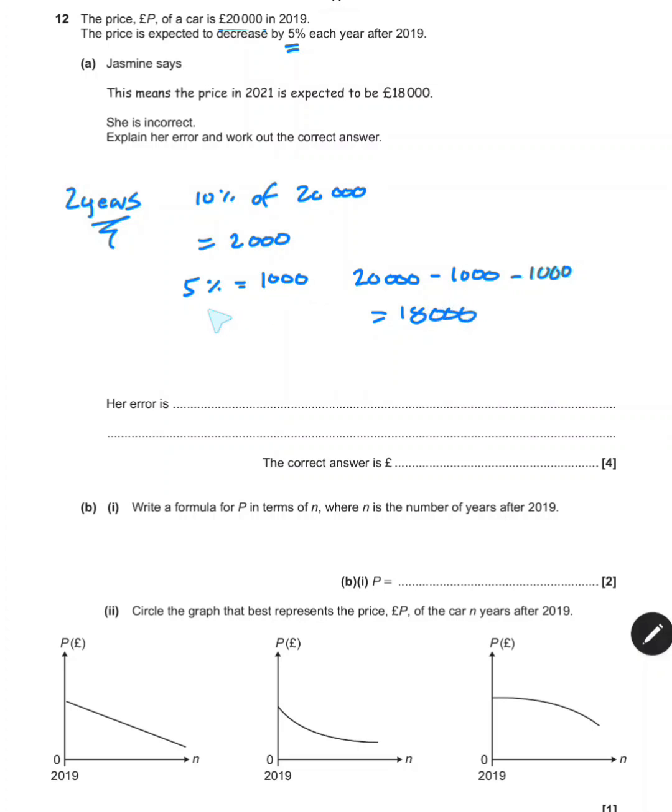So what she's done is worked out the 5% once and taken it away each year. What she's done is called simple interest or depreciation.